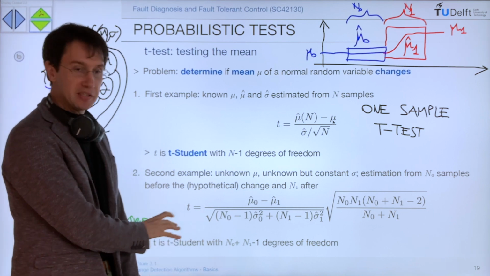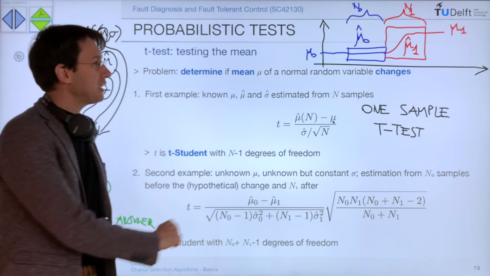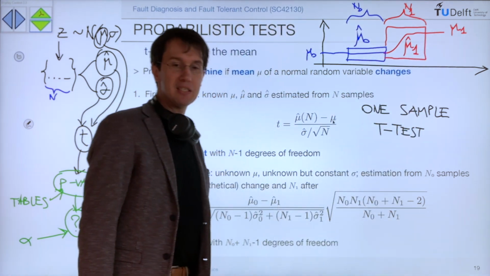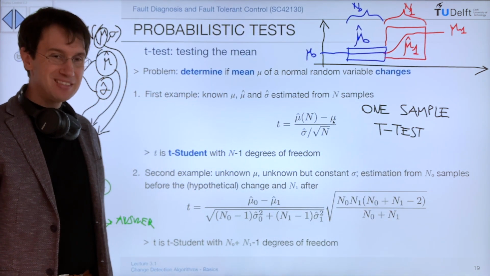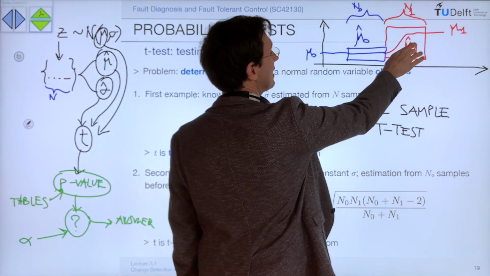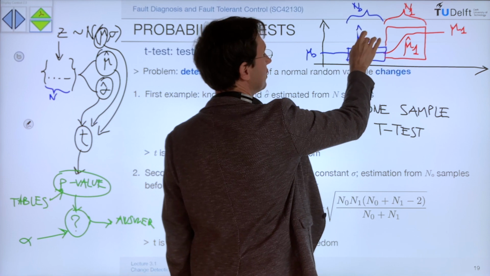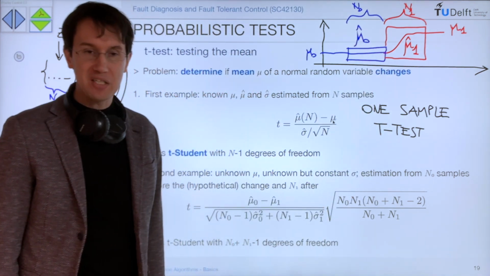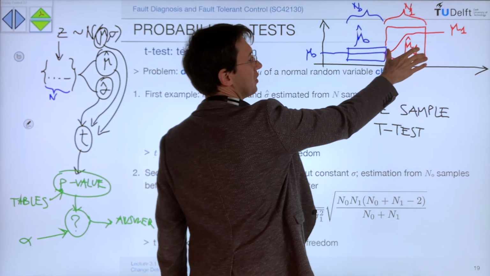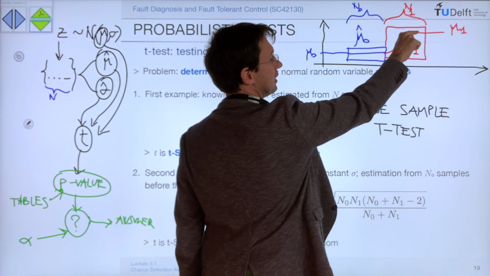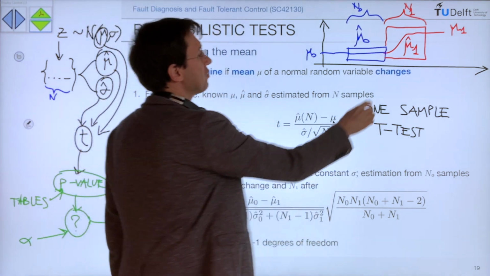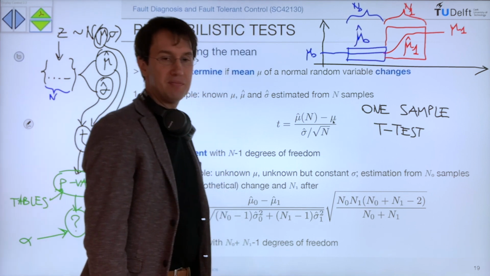And that's the tricky part of it, because if you have a behavior like this one, when the fault is incipient, initially mu1 hat will be different than mu0 hat, but not so much. Only when you have inside your time window enough samples that reached steady state in this new condition, then mu1 hat is going to be different enough.